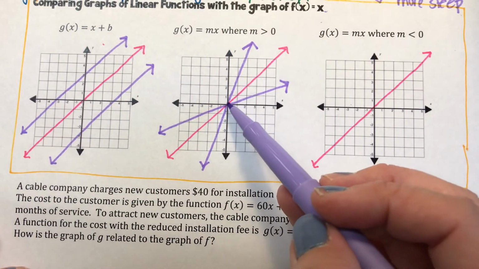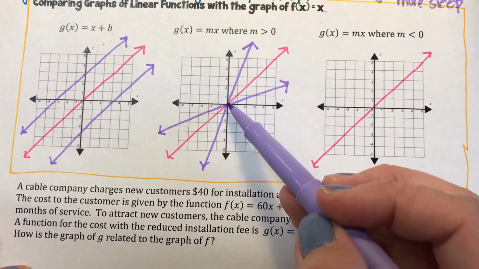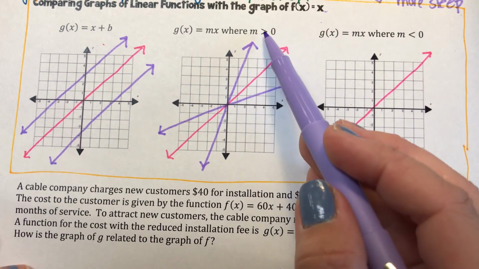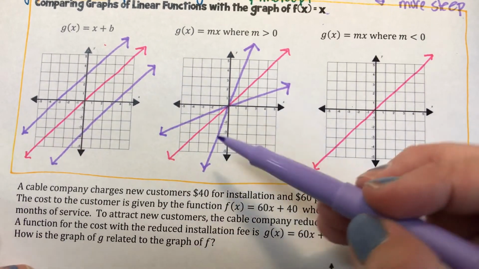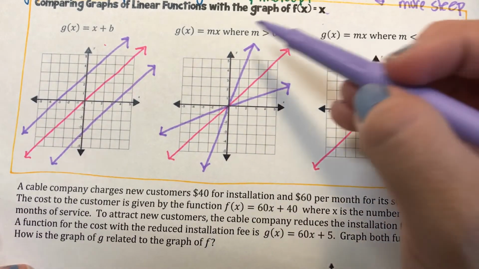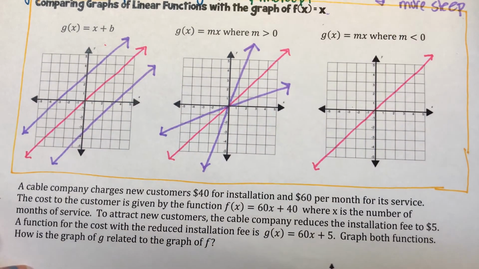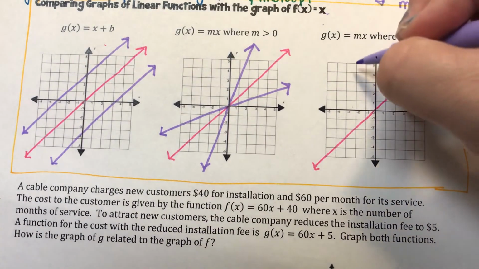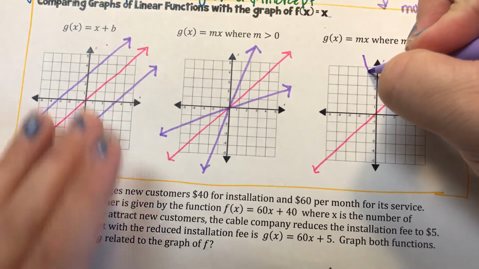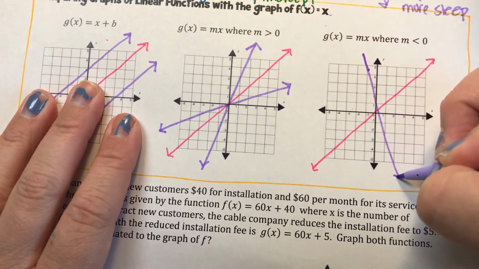So they're going to share the origin as their y-intercept, but if the slope is greater than 0, it's going to be positive. It could look like this. This is a much steeper positive slope, so whatever that m number is, that's going to be your slope. And if m is a negative slope, less than 0, it could be really, really steep and look like this.